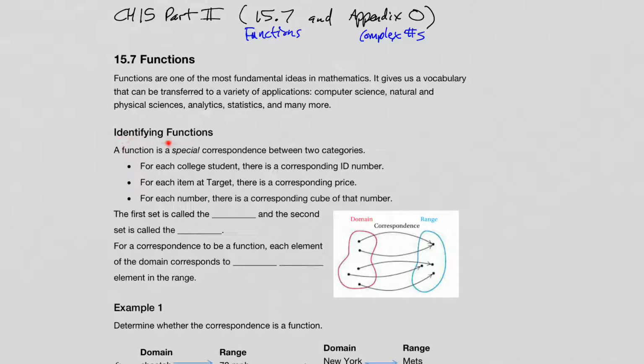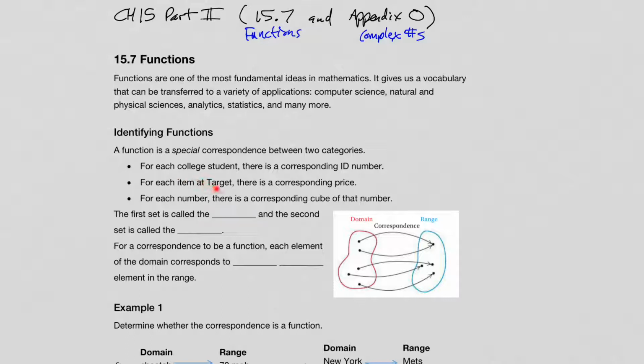So, first of all, we need to identify functions. A function is a special correspondence between 2 categories. Okay, so there's 2 categories, and we have a special correspondence. For example, each college student, there is a corresponding ID number. Okay, makes sense.